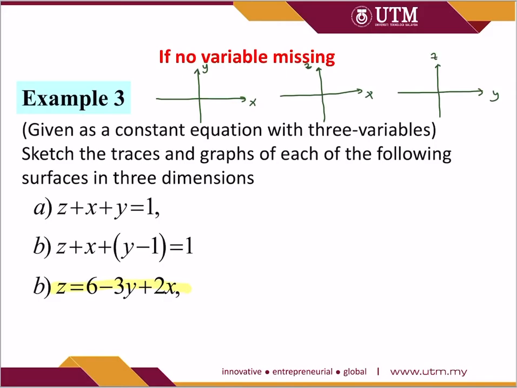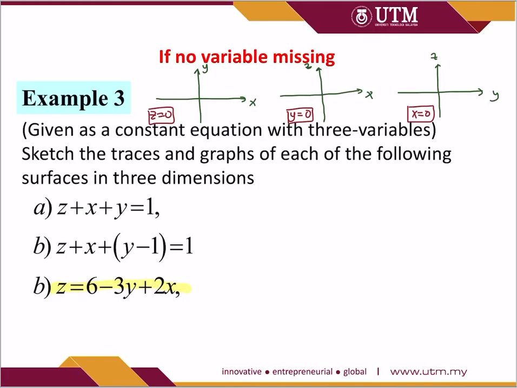So for the xy plane, meaning that z is 0. For x, z, meaning that y is 0. And for y, z, meaning that x equal to 0, at the plane of x equal to 0. So now let's calculate.